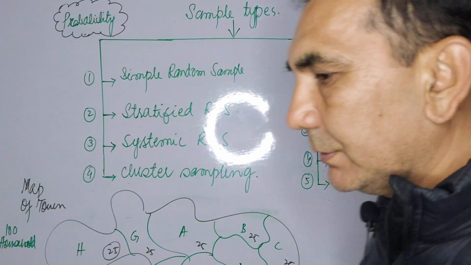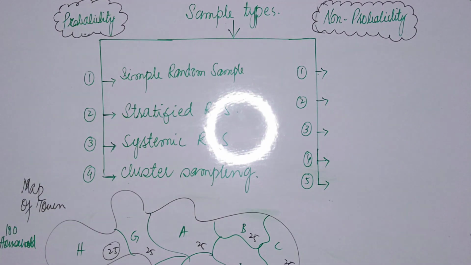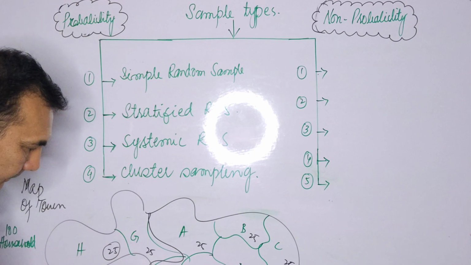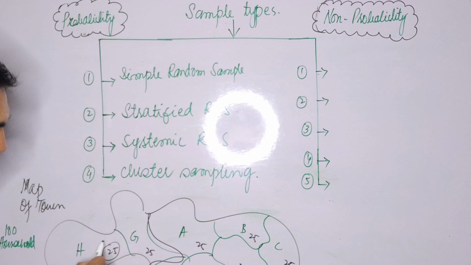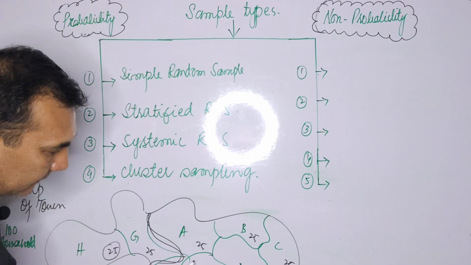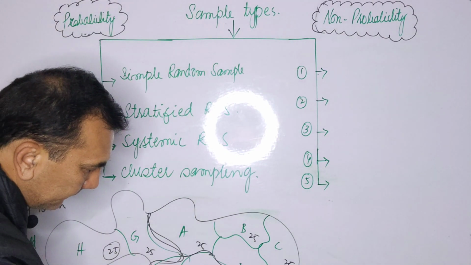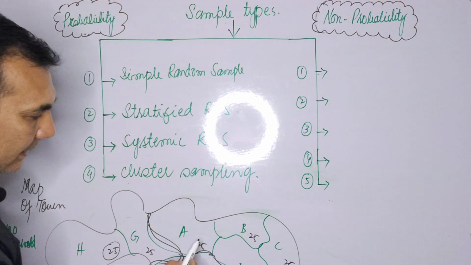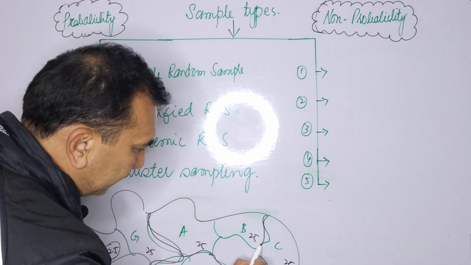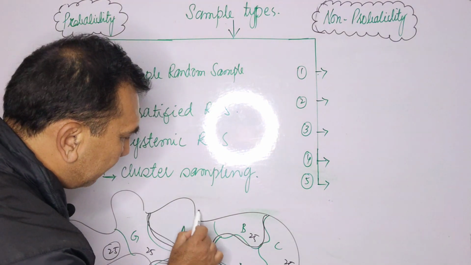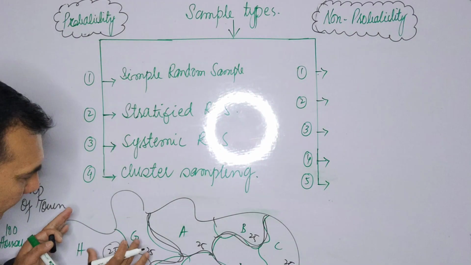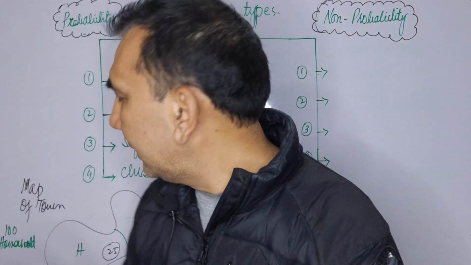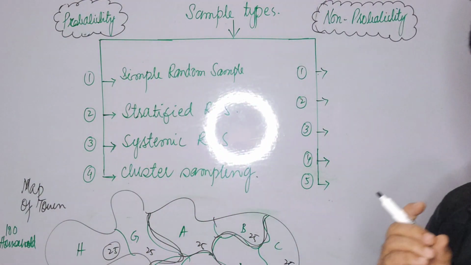Now what you will do is make clusters of 2 blocks. You merge the H block with G, and E with F, and C with D, and A with B. So now each cluster has 50 households.